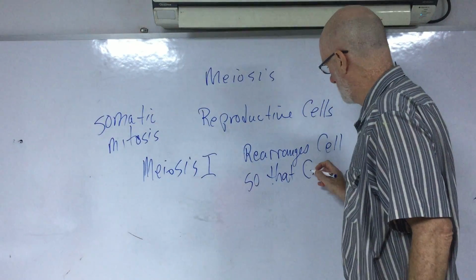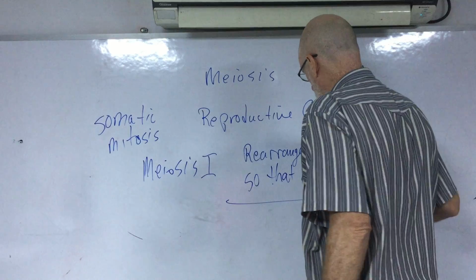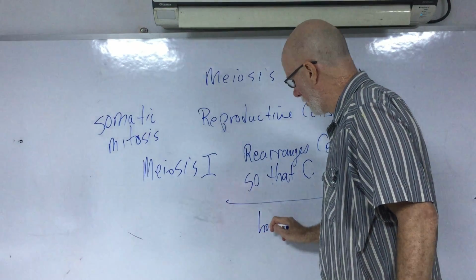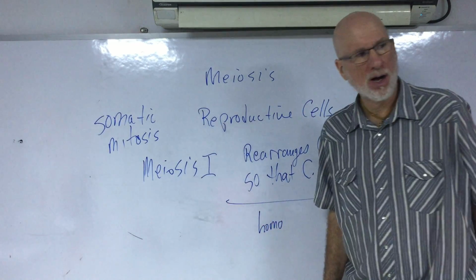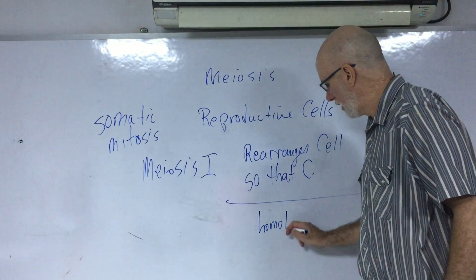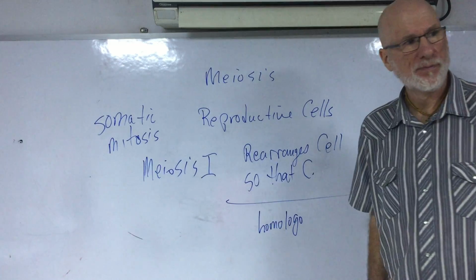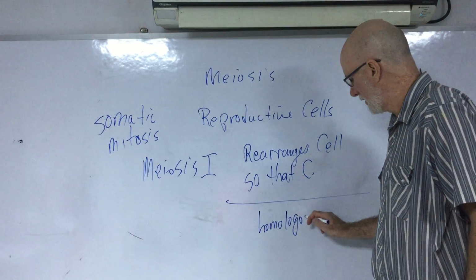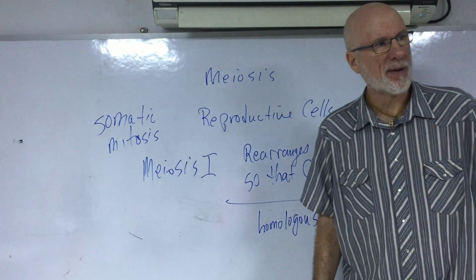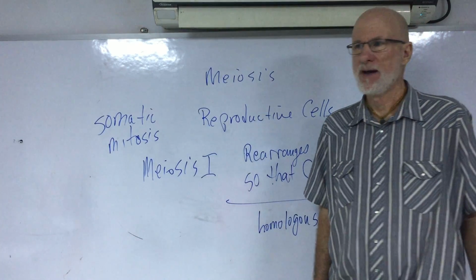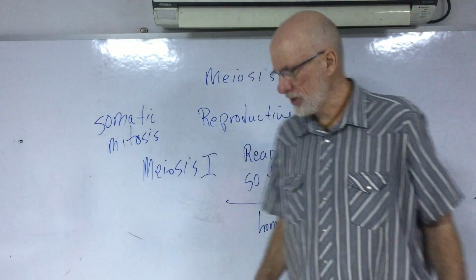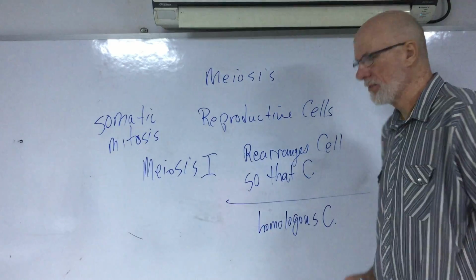How do you spell homologous? H-O-M-O-L-O-G-O-U-S. I'll buy a vowel. Is there an O in that? Yes. Okay.